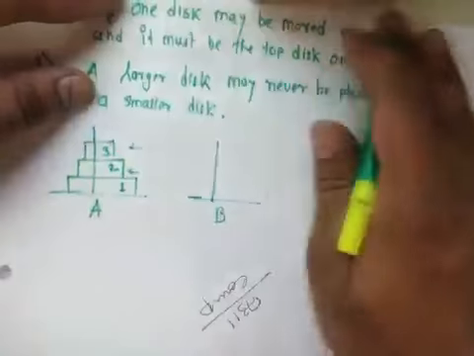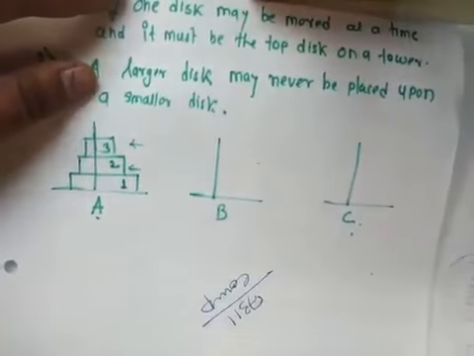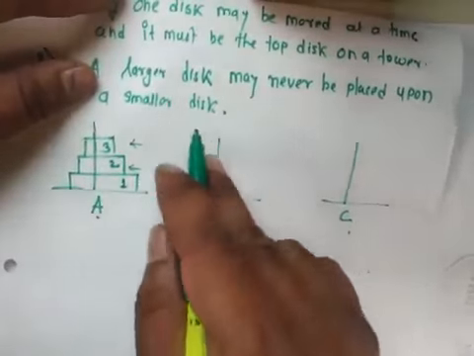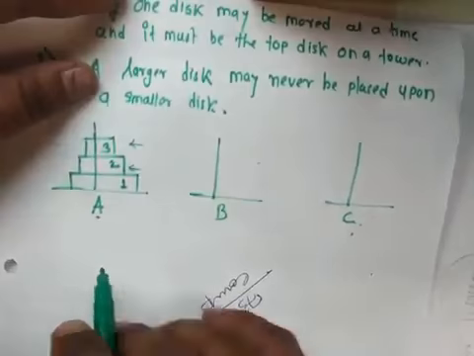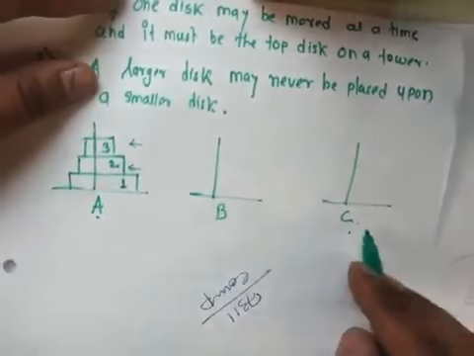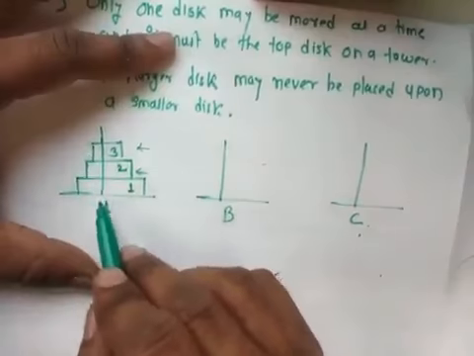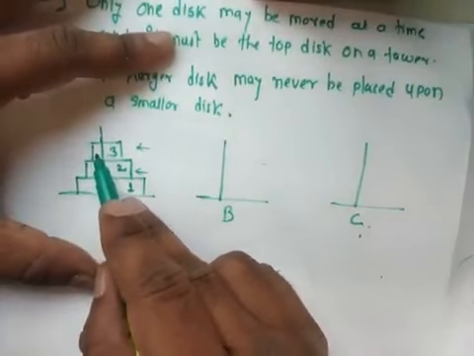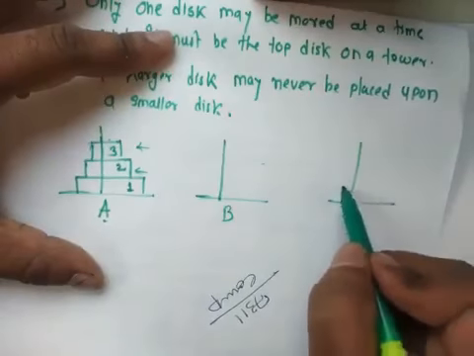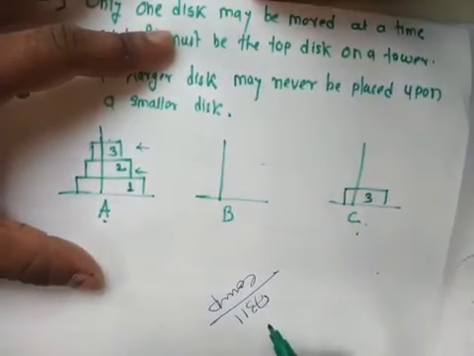Okay, and what we are going to do? We are going to move all these disks from A to C. And to move these disks, we are going to use the other peg, that is B. So we have only 3 pegs, and we need to move all the disks from A to C. So let's see how we are going to do it. First, I am going to move the disk number 3 to the top of C. So here I move the disk number 3.